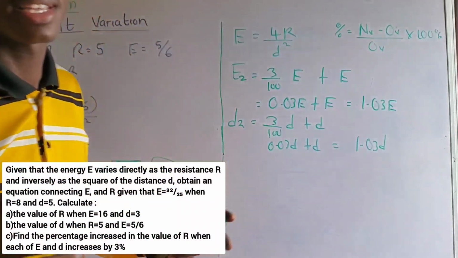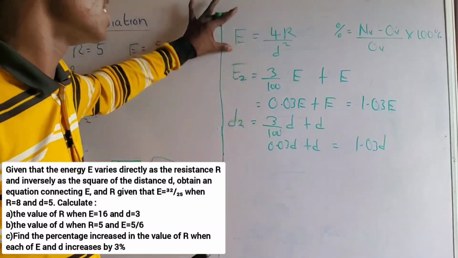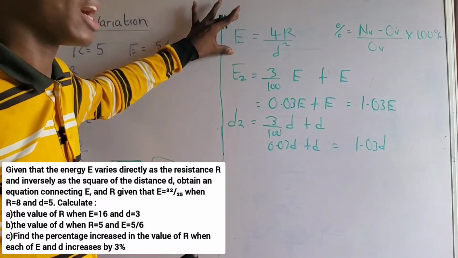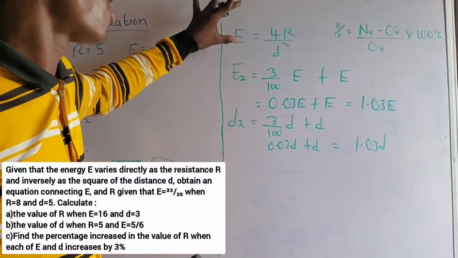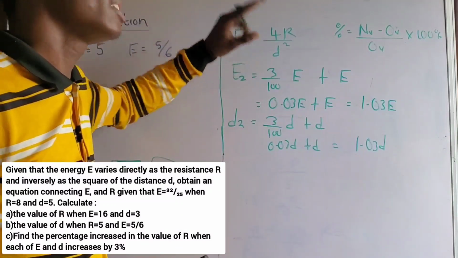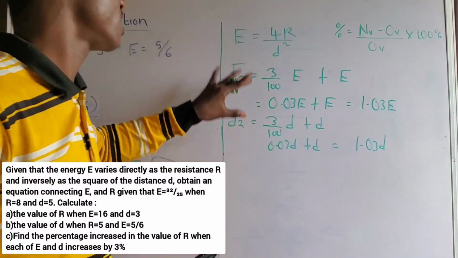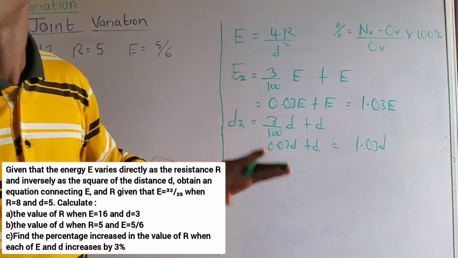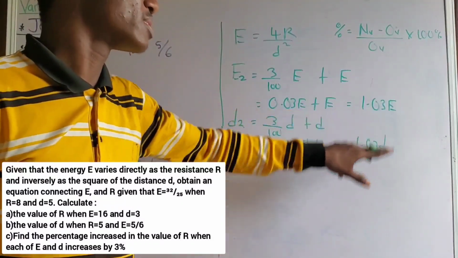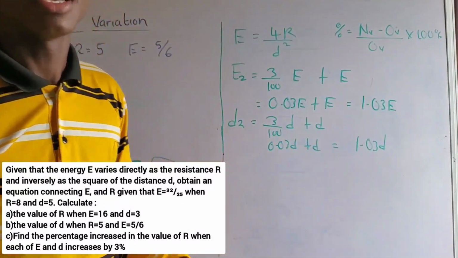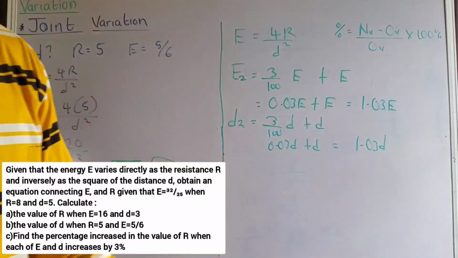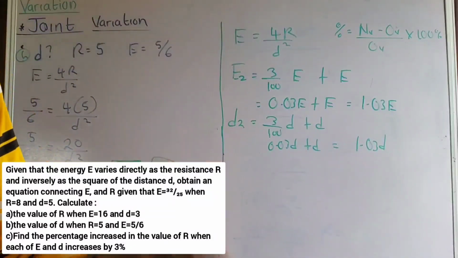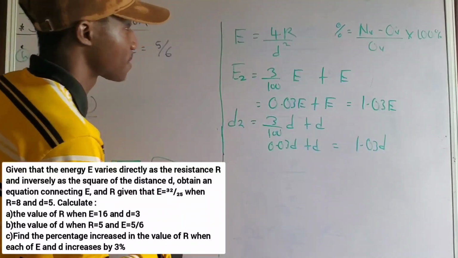And we have already said that this is the initial value, the old value. Are you getting what I'm trying to say? The old values of the initial variables are E, D, and R. Now, when we increase E and D by 30%, we have 1.3E and 1.3D. Now, we want to look for the new value of R, so that we can calculate the percentage increase of R. Okay, so now, let's proceed.